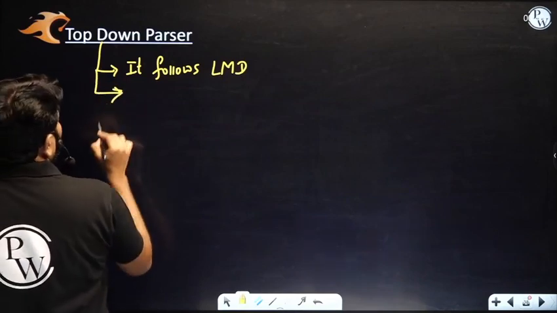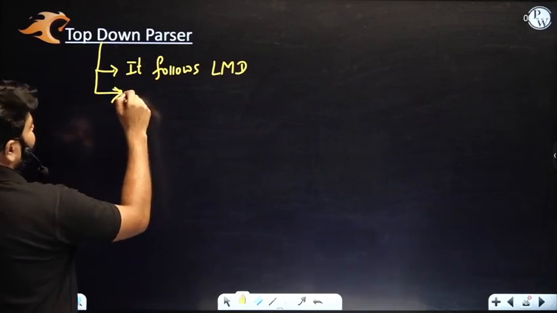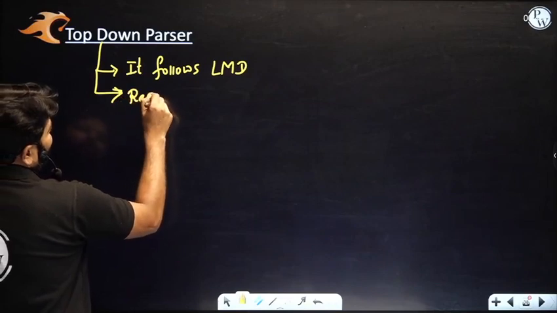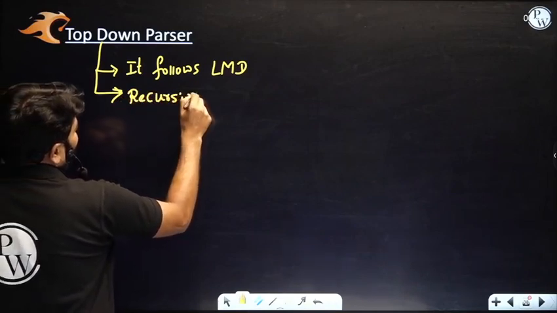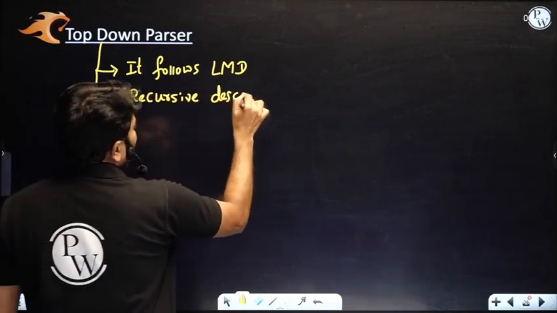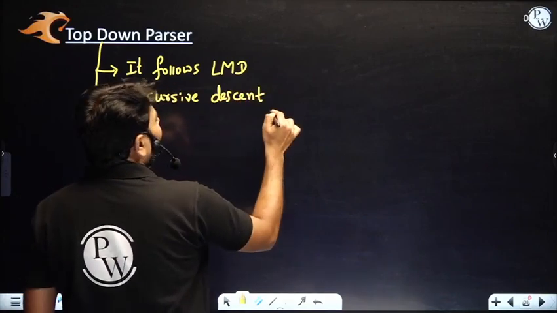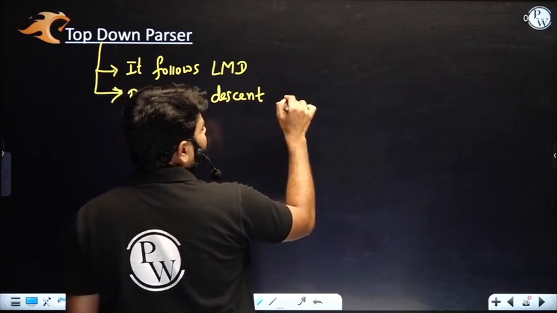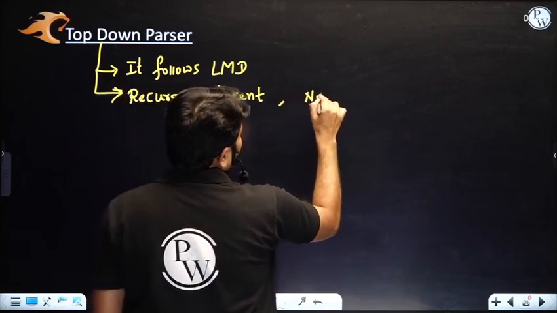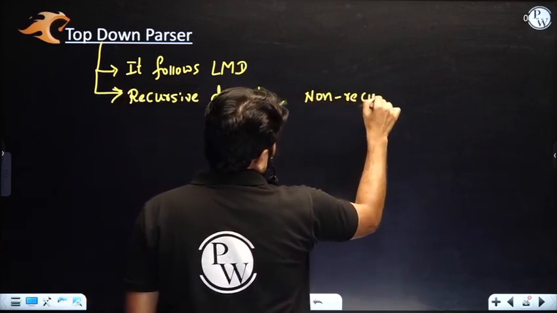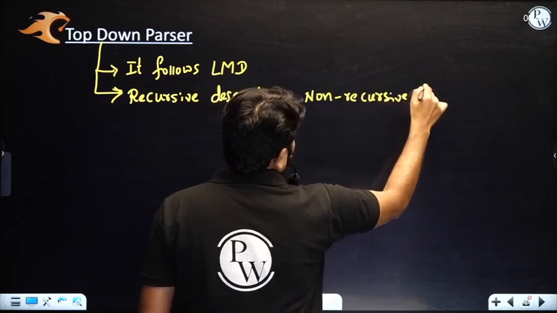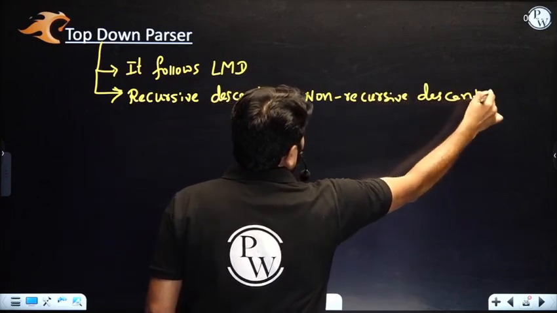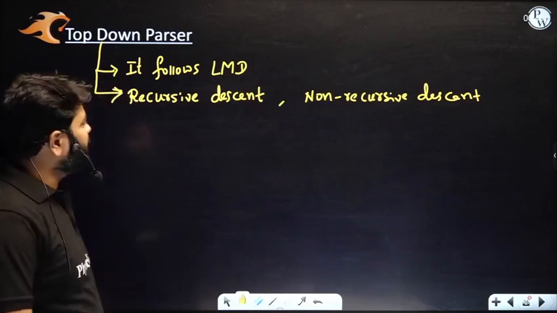Among them, you may use recursive descent or non-recursive descent. There are two types: recursive descent and non-recursive descent.